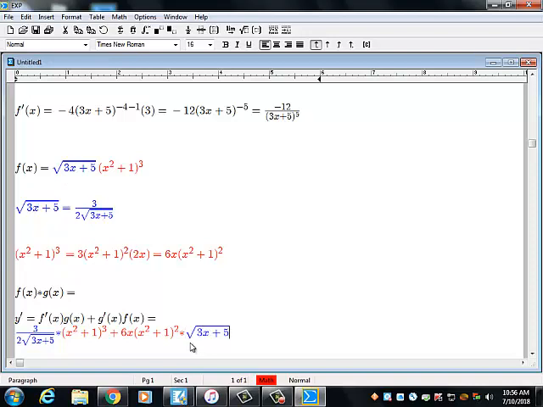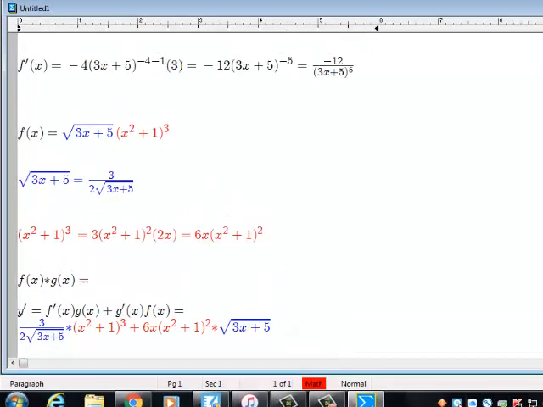Does everybody see that? It'd be a lot easier on your paper if you could just copy and paste. It would be less writing. Now, can we simplify that? Yeah, we could find a common denominator, which is 3x plus 5. There's some work we could do there, but I'm not going to worry about that.